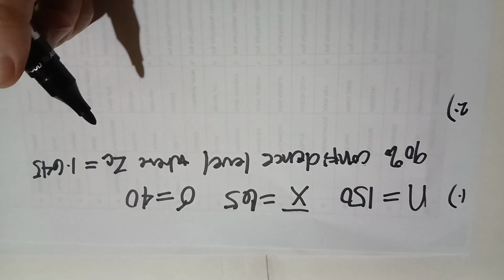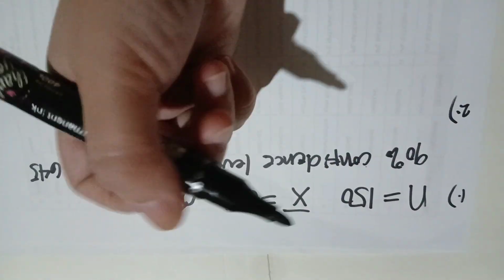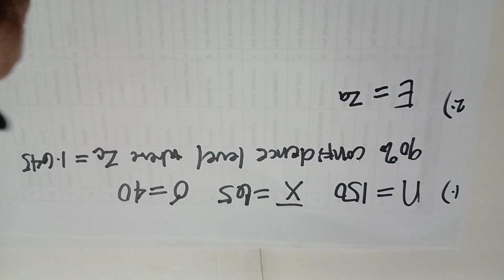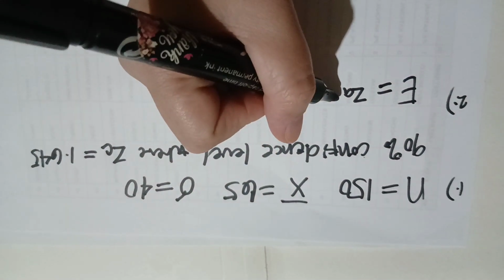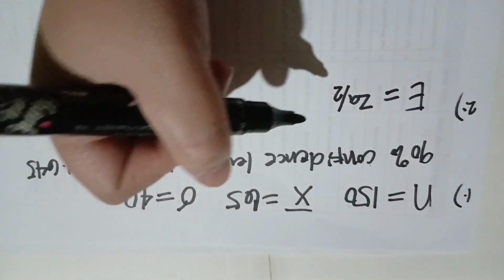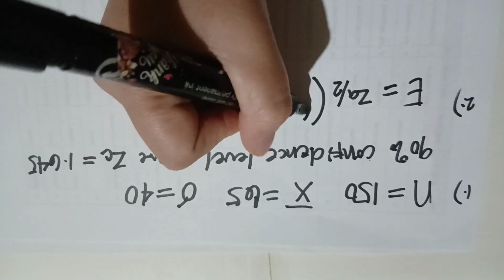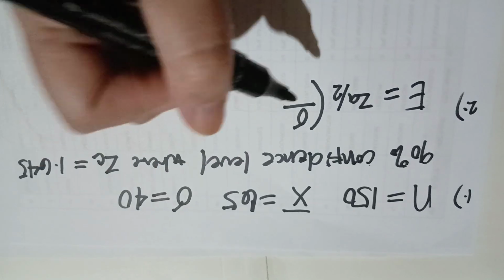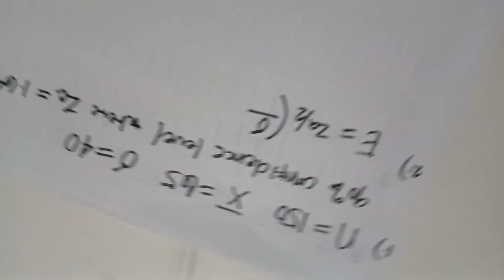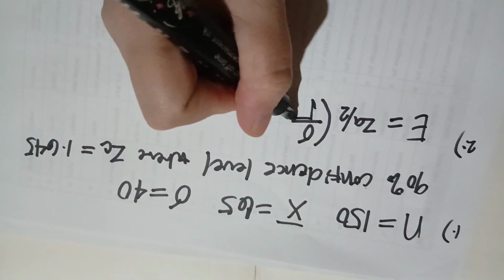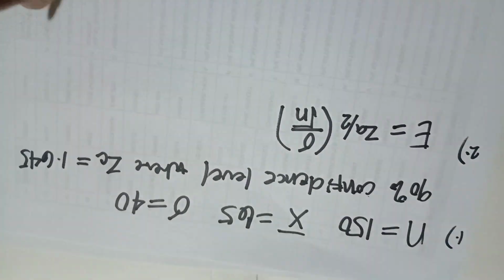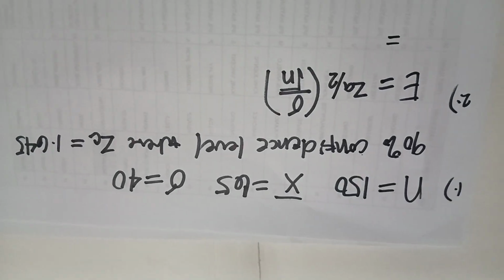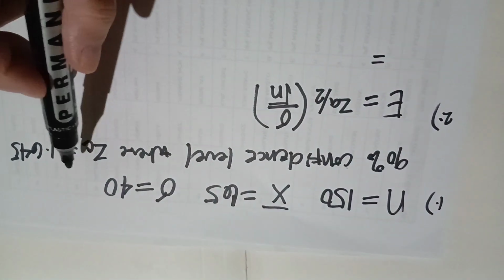Step 2, we have to compute the margin of error. Since the formula has the confidence coefficient, the population standard deviation, and the square root of the sample size, we substitute the given values.